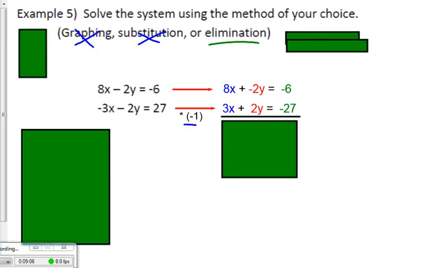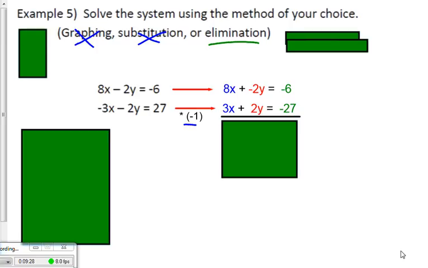equals negative 27. Okay, now when I look at all my pieces, my x terms don't match up. They're not opposite of each other, but my y terms are. We have a negative 2y and a positive 2y. Since they are opposite of each other, they'll cancel out, or they will eliminate.